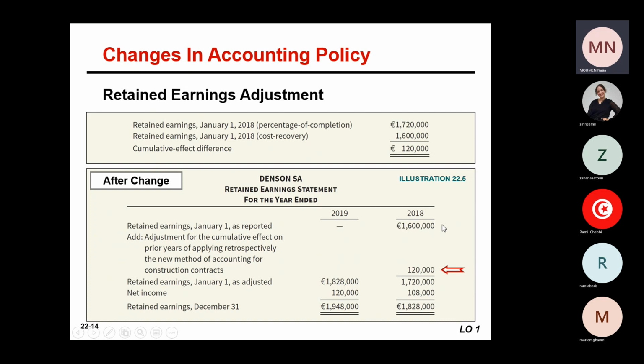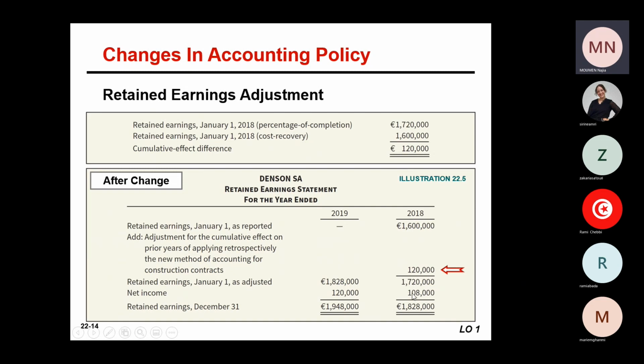Remember, in 2017 we used to have retained earnings of 1,600,000, but because of using the new percentage of completion method, and we are assuming that this method was used in 2017, we have to adjust for 120. So the beginning balance of retained earnings in 2018 will be 1,720,000 as adjusted.